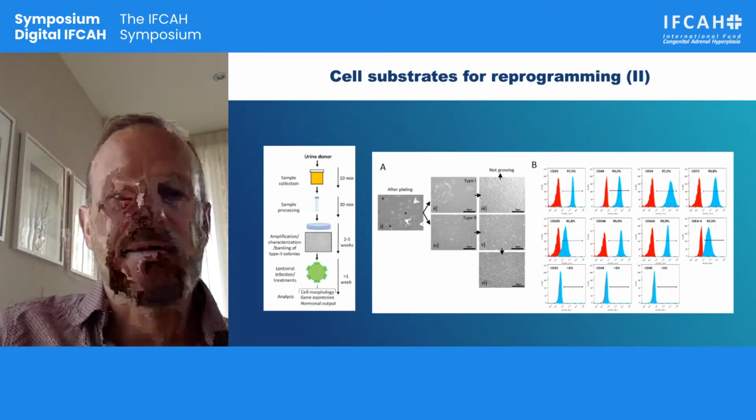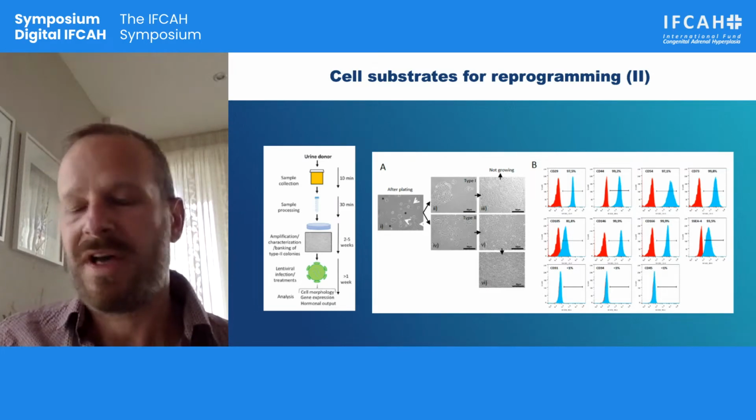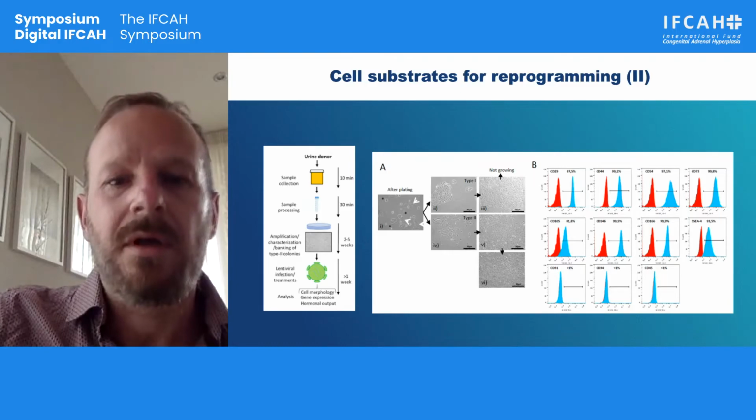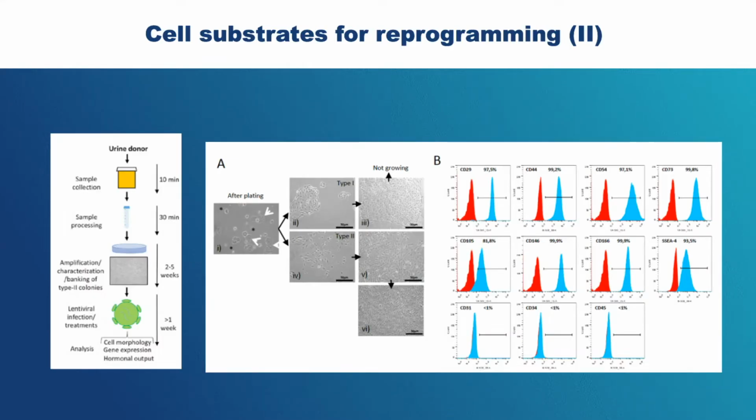And these cells, as you can see on the right-hand side, had a classical mesenchymal cell expression of markers, as well as pluripotency markers, but were not positive for any of the hematopoietic stem cell markers, as you can see at the bottom.